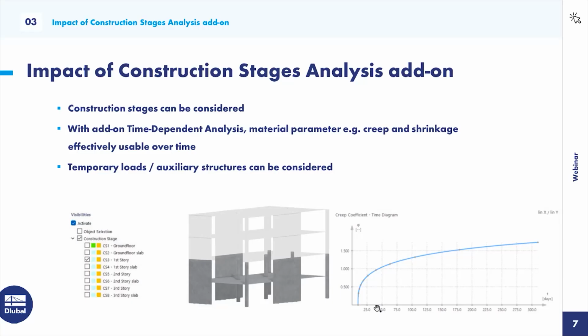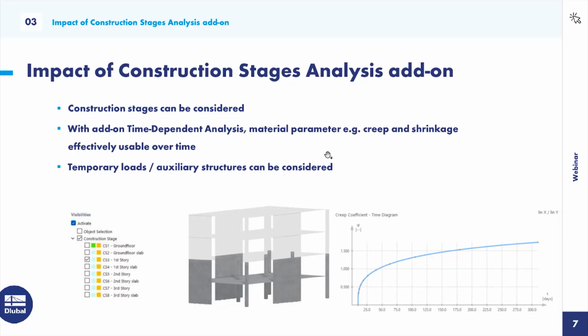So you see, after 30 days, it's a completely different creep coefficient in comparison to 120 or 150 days. So you will have an influence only from these material parameters, and yeah, we can consider this when we use the construction stages and the time-dependent analysis.